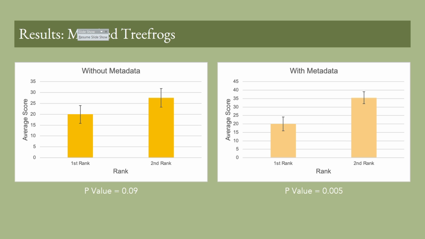And these are the average scores of matched tree frogs filtered without metadata and filtered with study site metadata, from round 2 for the first and second ranks. This is telling us that when a search was conducted with metadata, the second rank for a matched tree frog was generally higher, which means it had a more accurate result compared to the second rank without metadata.